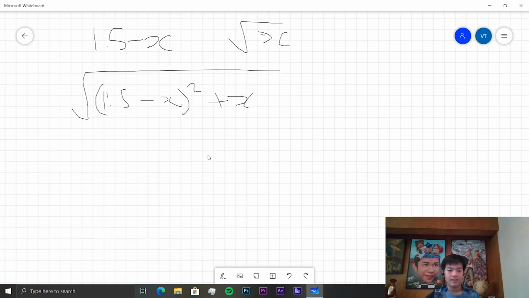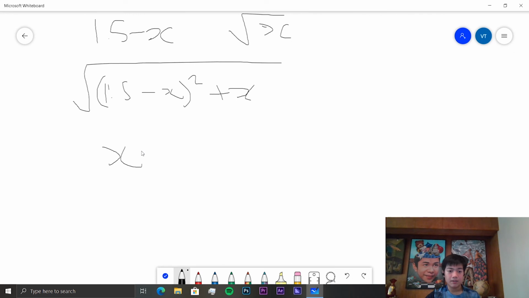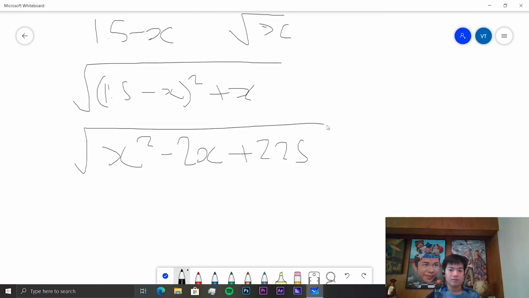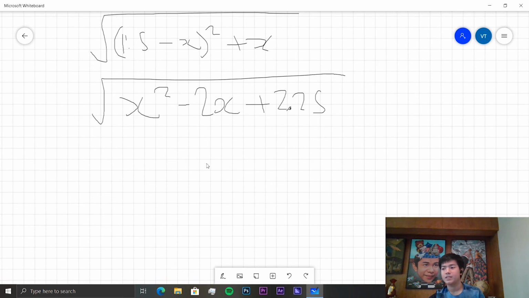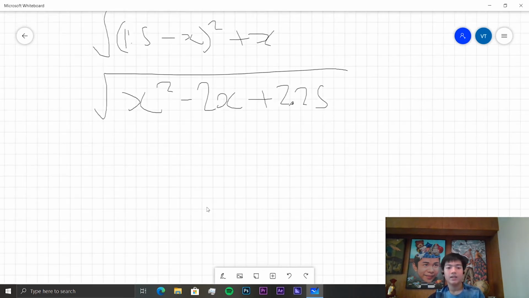So we would get x squared minus 3x, so it's actually only minus 2x, plus 2.25, all square root. So we need to find the maximum of this function here. Oh, sorry, not the maximum, the minimum of this function.